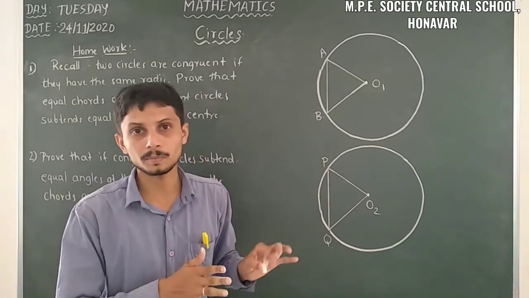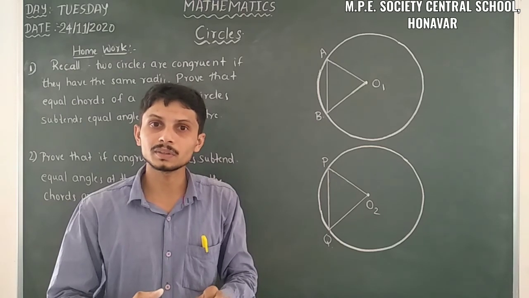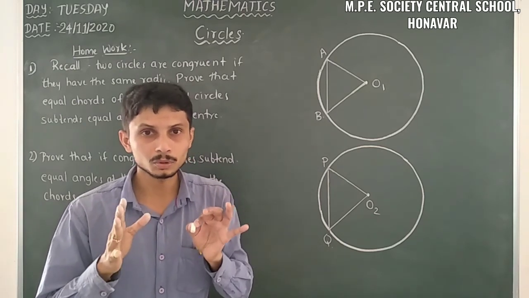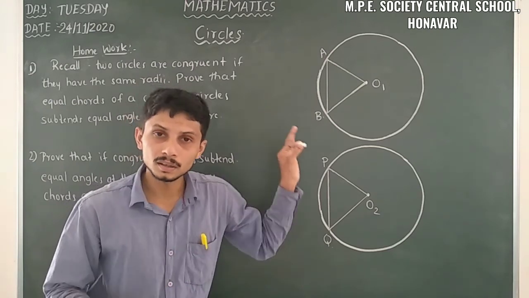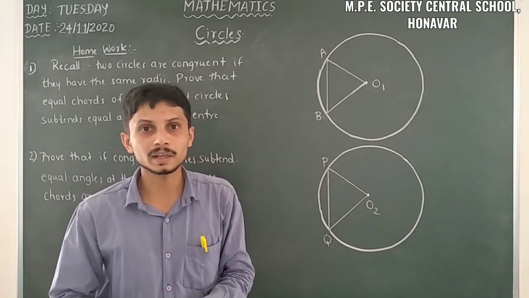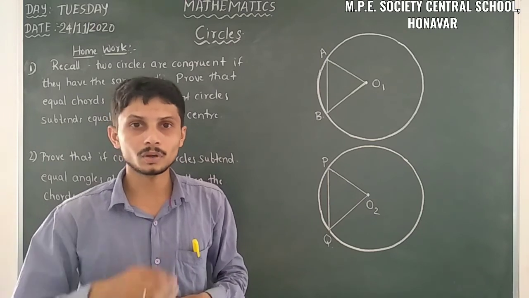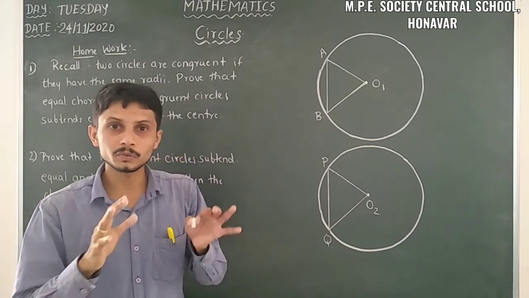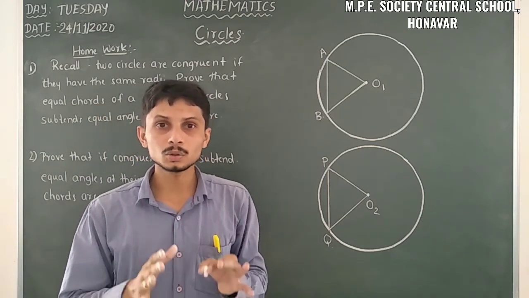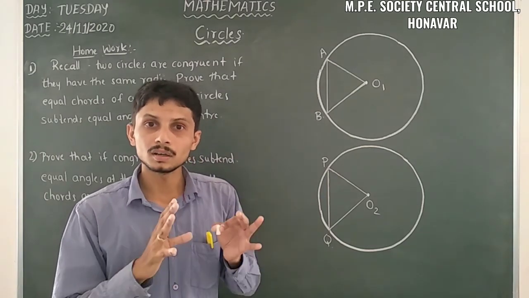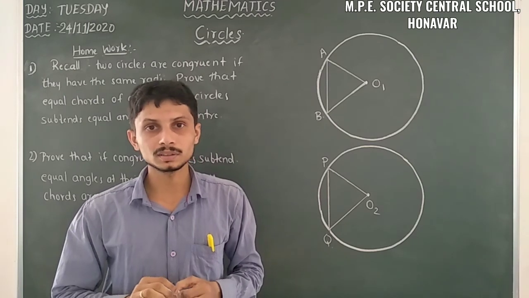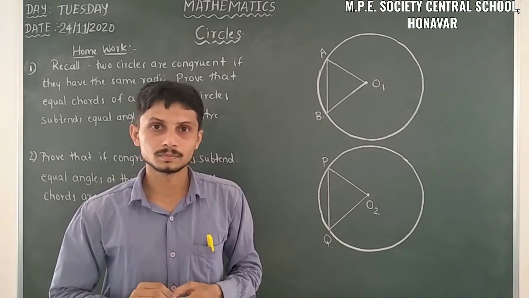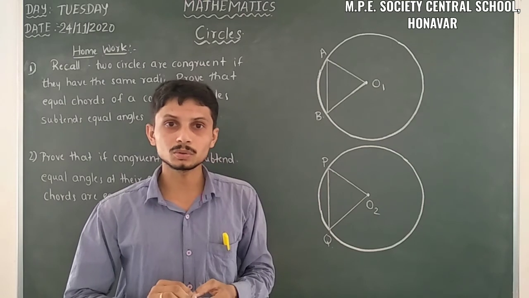Try to solve the problems. First write the given things, what is known from the statement, then write what is to be proved, and then go to the proof with the right reasons, using the right congruence rules.